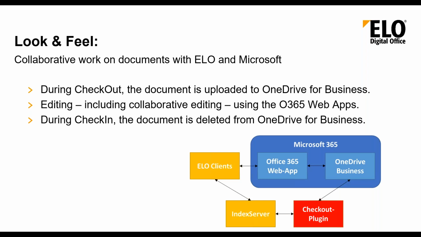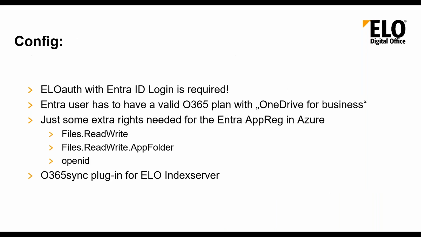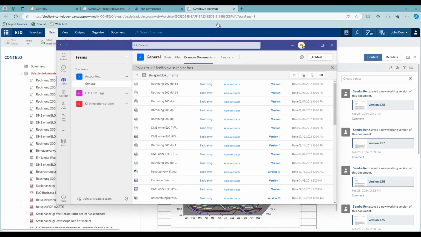When you click on Checkout to OneDrive, the document is uploaded to the user's OneDrive for Business via the index server. You can then edit the document in a browser tab, and when you check it back in, it is deleted from OneDrive Business. And I'll show you how this works in the live system.